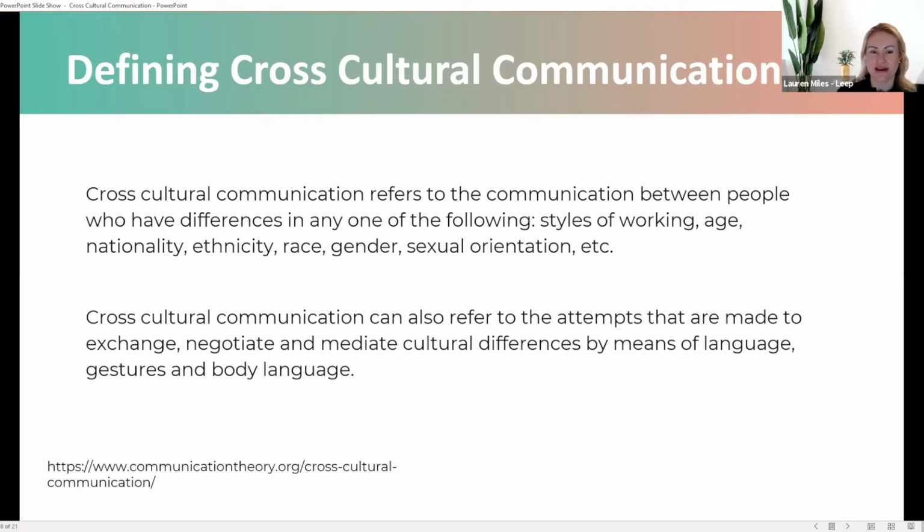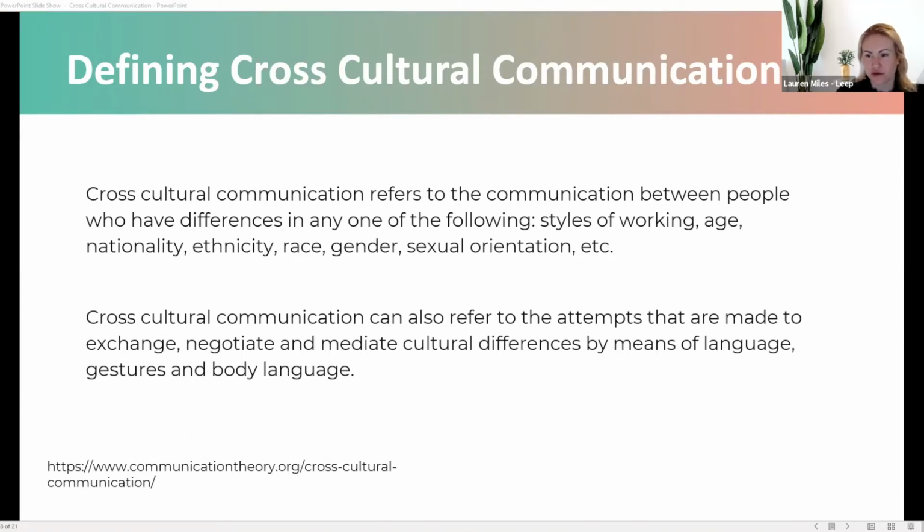It could be people even in your family. There can be cross-cultural differences. That's when we have any differences in styles of working, age, sexual orientation, gender, and it can also be non-verbal as well.